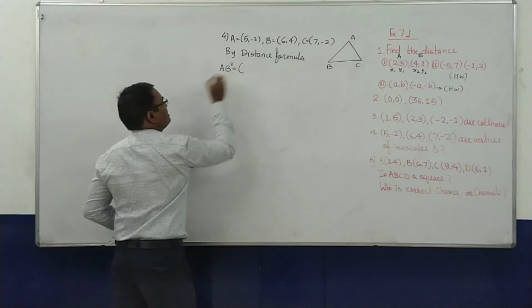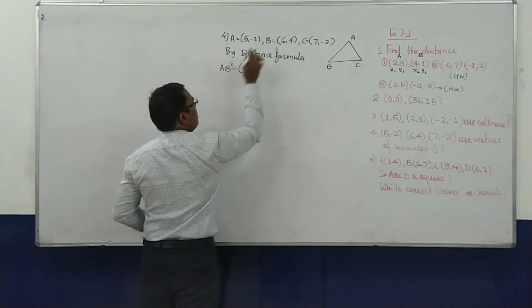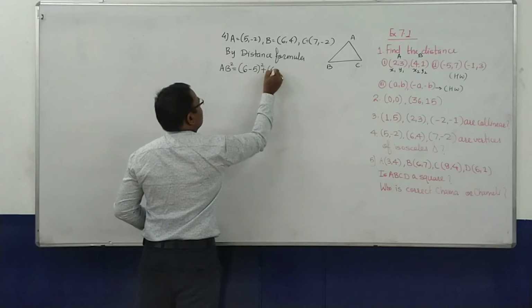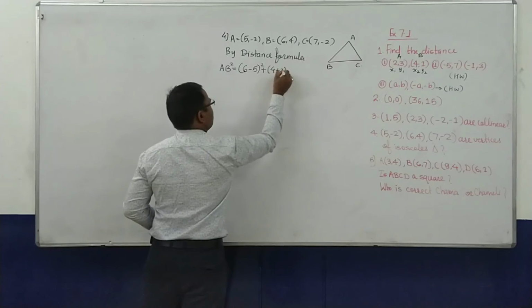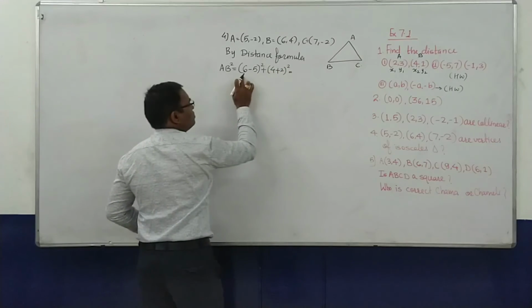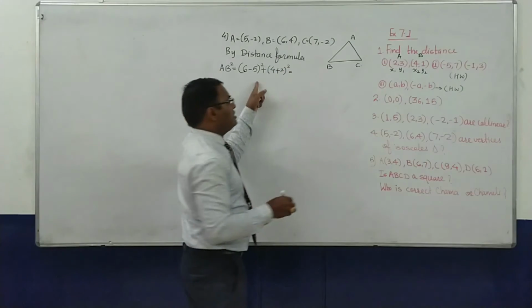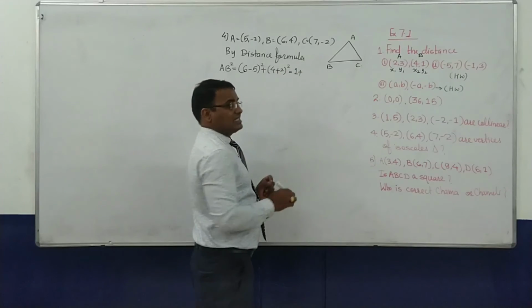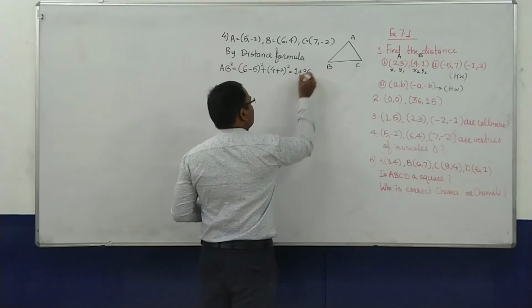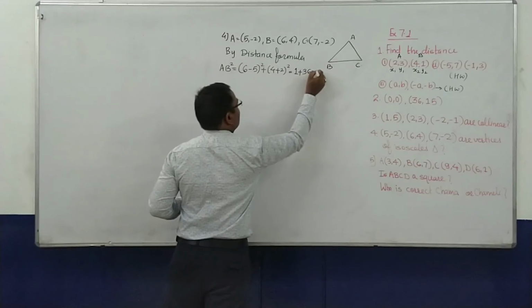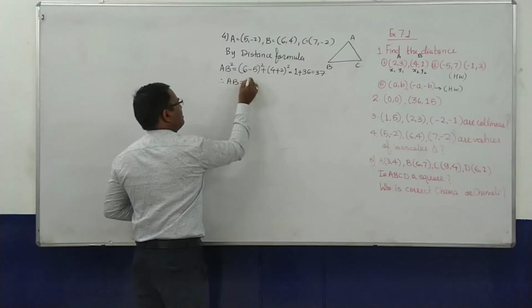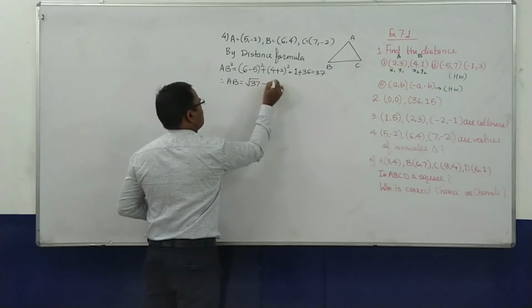By distance formula, AB square is equal to, A and B, so (6 minus 5) square plus (4 minus of minus 2) square, plus 2 square. Which will give you 6 minus 5 is 1, and 1 square is 1. 4 plus 2 is 6. Square of 6 is 36. Which is equal to 37. So AB is equal to under root 37.